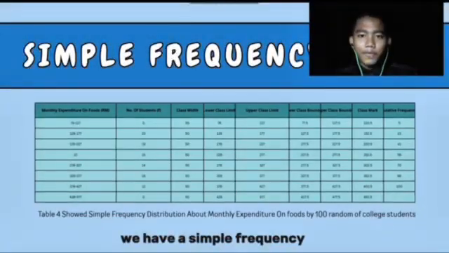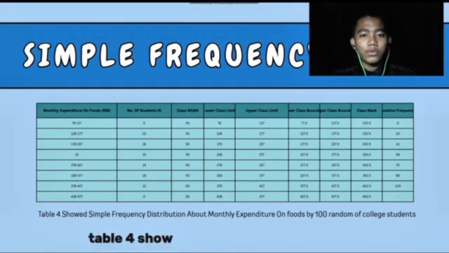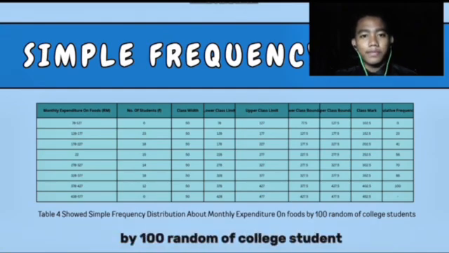We have a simple frequency table. Table 4 shows simple frequency distribution about monthly expenditure on food by 100 random college students.